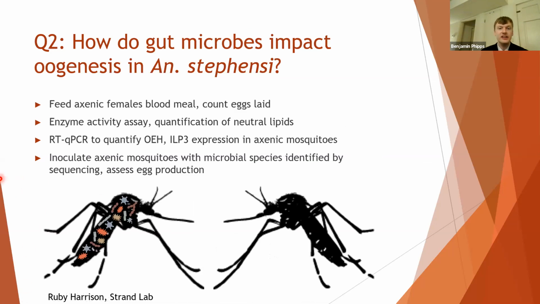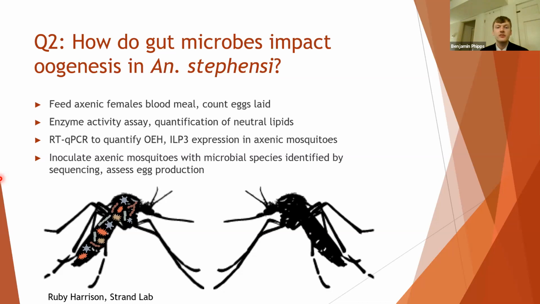And then for my next question, of how gut microbes impact oogenesis in Anopheles stephensi, I'll similarly probe the functions of the gut microbes by essentially ablating them by rearing axenic or germ-free females.